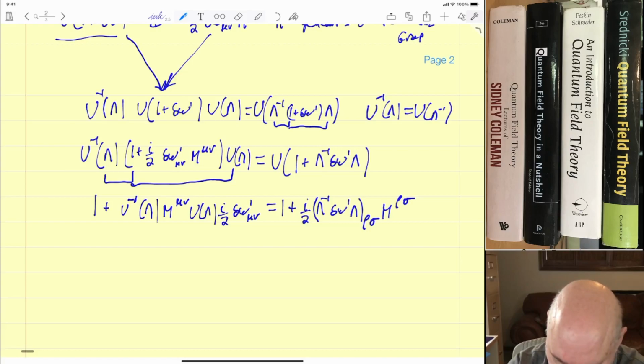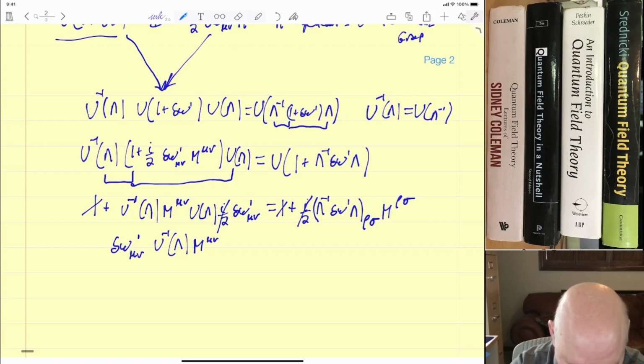So the ones cancel, and the i over 2's cancel. Once the ones cancel, the i over 2 cancels, and we're left with del omega mu nu prime U inverse lambda, generator mu nu, U of lambda is equal to, now I want to put indices.